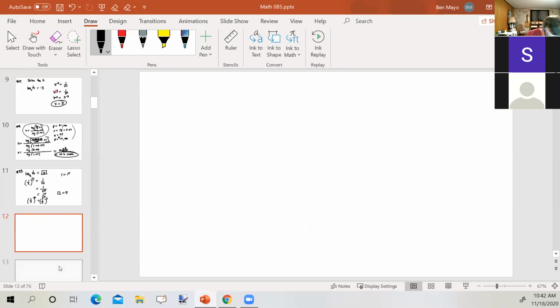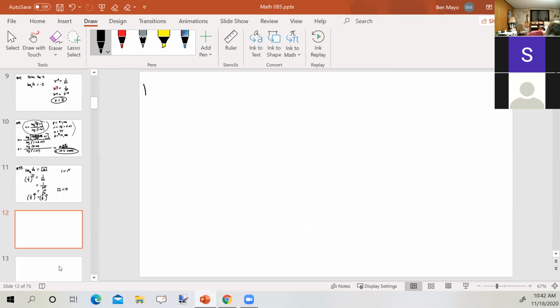Okay, we're still in 11.4. This is somebody's problem number 7. Write the logarithmic equation as an exponential equation. We have log base 7 of the square root of 7 equals 1/2.